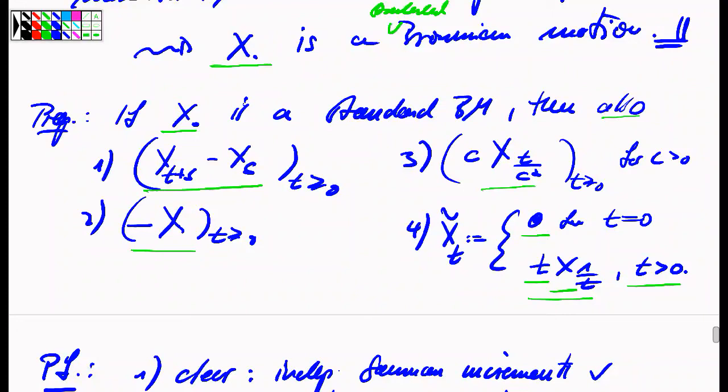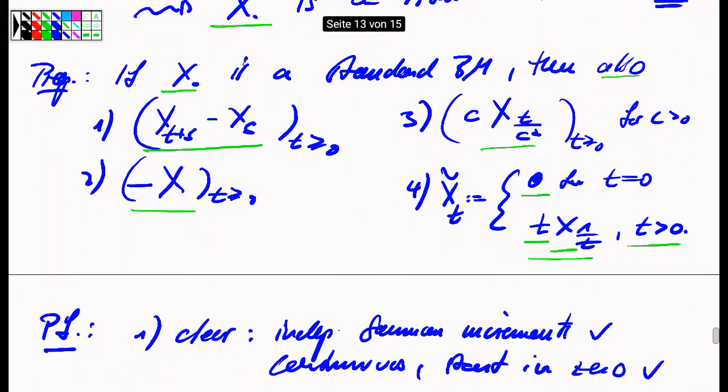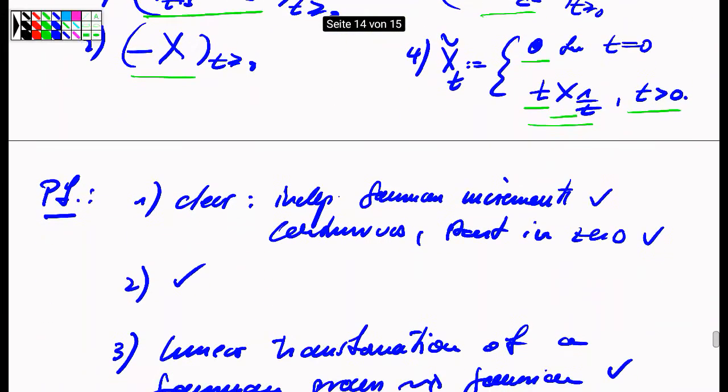So in that respect, it is a partial time inversion that you do in construction number 4. And the statement here is, again, that all these 4 different transformations of the initial Brownian motion are, again, Brownian motion.